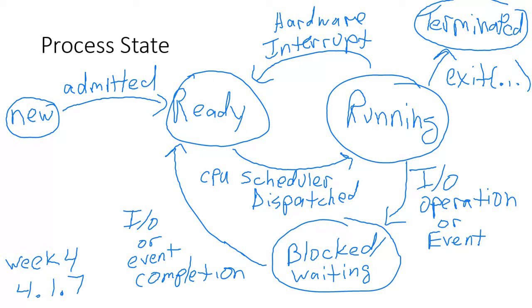In there they show two states, and I thought it might be ready and blocked: a process in the ready state can go into the suspended state.